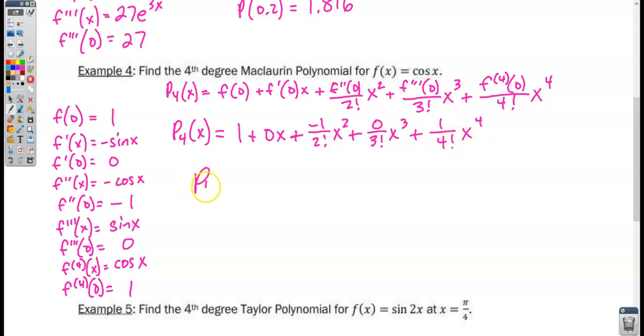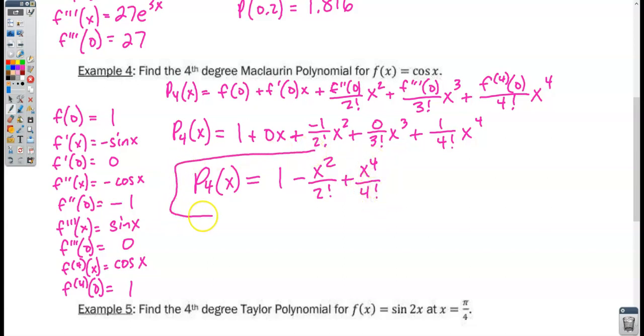And cleaning this up, we end up with our 4th degree Maclaurin polynomial, which is going to be 1 minus x squared over 2 factorial plus x to the 4th over 4 factorial. And so that is the 4th degree Maclaurin polynomial for cosine of x.